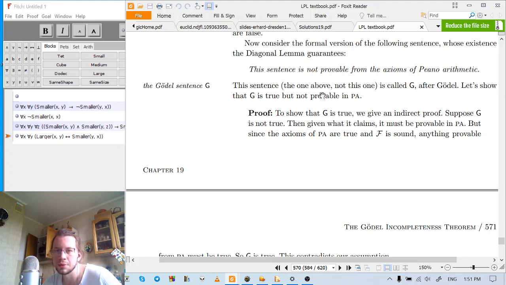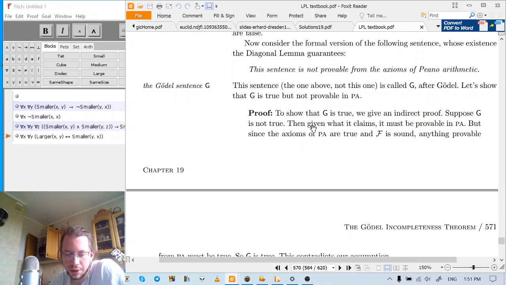It's going to be a contradiction immediately, as I understand it. So if it's provable that this sentence is not provable from the axioms of P&R arithmetic, we get a contradiction immediately. So P&R arithmetic is not formally complete.